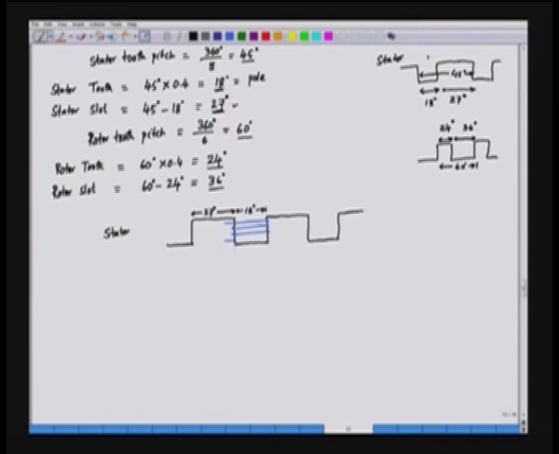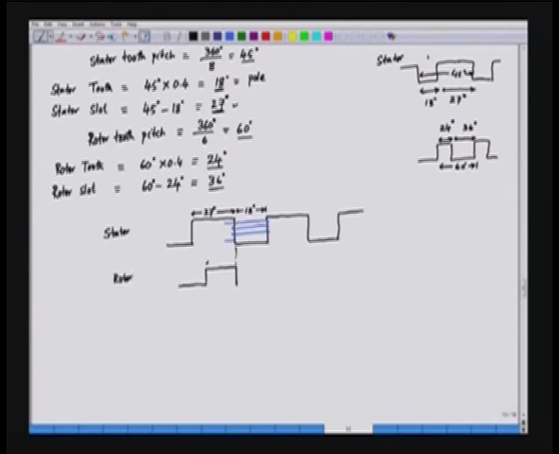The rotor, we will start our reference from this position. The rotor is just waiting to go under the stator pole. The rotor tooth is here and the tooth here is 24 degrees. So, this will occupy up to this position. This is 24.